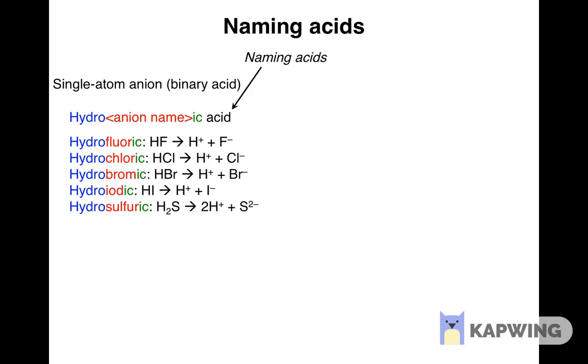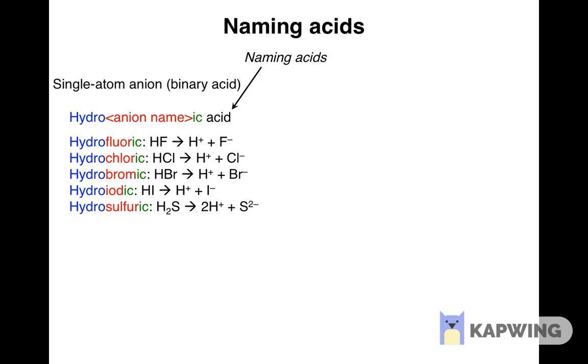The number of hydrogens in a binary acid is determined from the condition of overall electrical neutrality, just like for ionic compounds. When hydrogen atoms form cations, they always give up their only electron to form the H+ cation with charge plus.